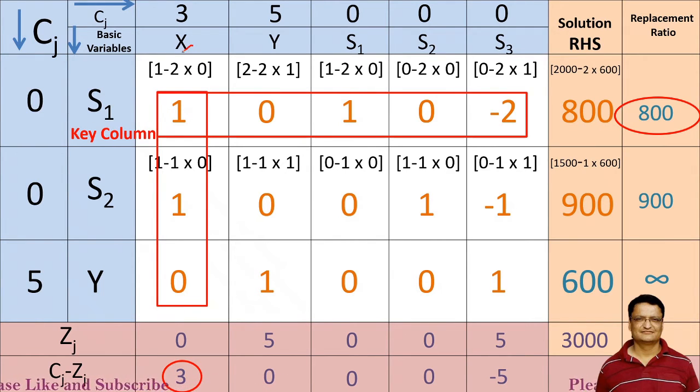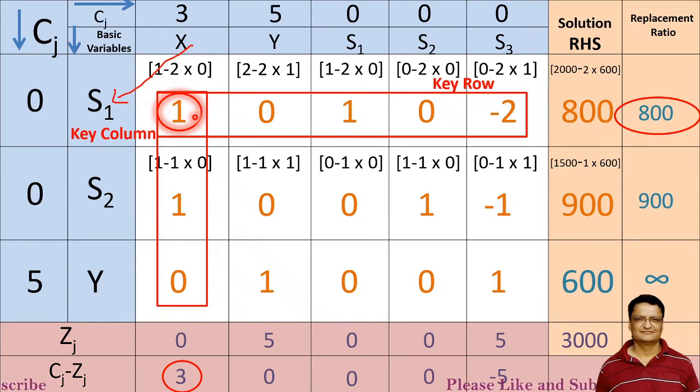So this X is going to take the place of this S1 for the next iteration. This particular row I call the key row, and this one has now become my key element.